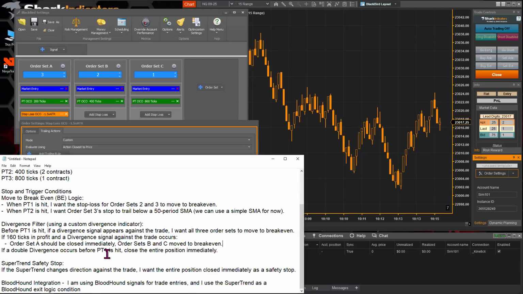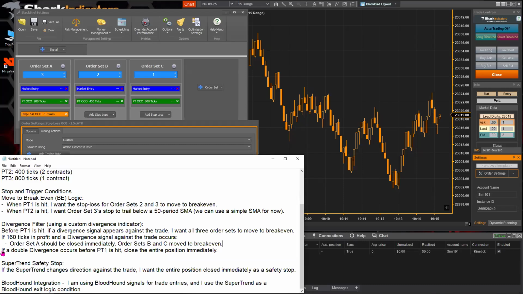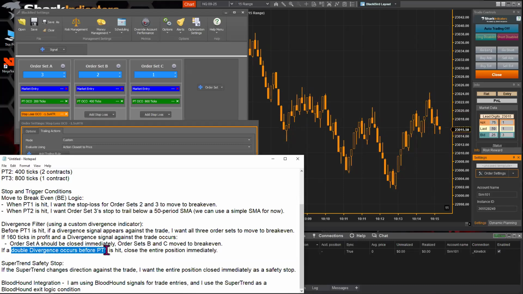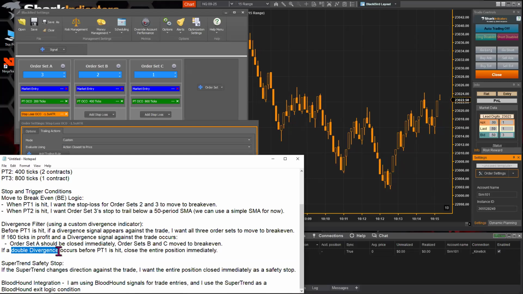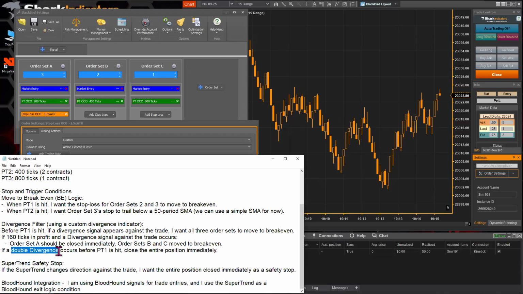All right, let's see what next we have here. Now we have a double divergence here. Blackbird does not count your indicator signals. Your divergence indicator will need to output that a double divergence did occur.